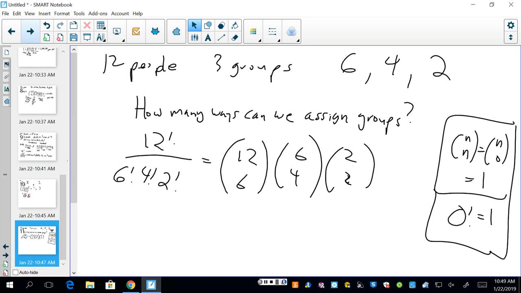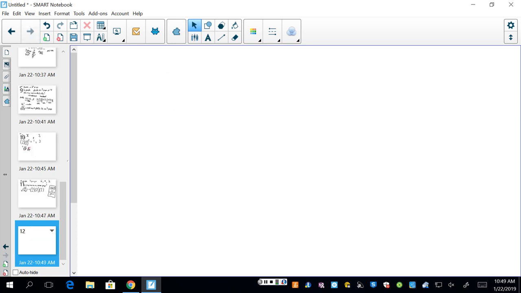If you expanded these out like we usually do, you'd have some cancellation. So that's kind of a second extension. We can deal with multiple groups there. So that's kind of what we've done with counting.